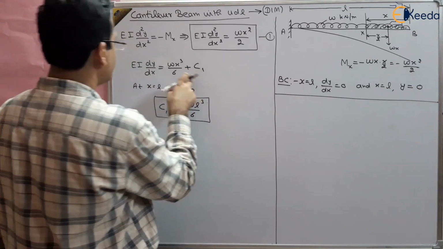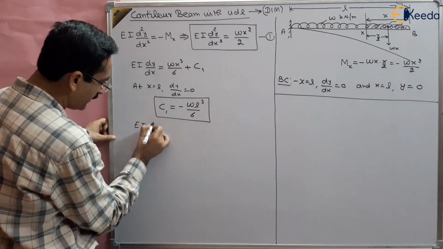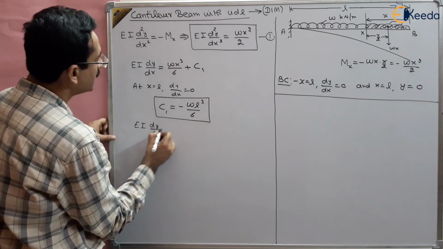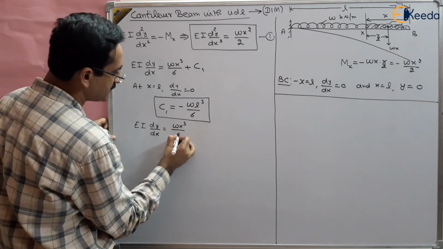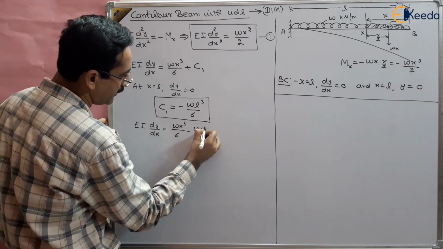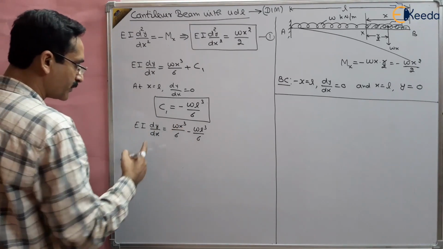So put it here, we will get the new equation, that EI dy by dx will be equal to wx cube by 6 minus wL cube by 6. This is the slope equation, right?